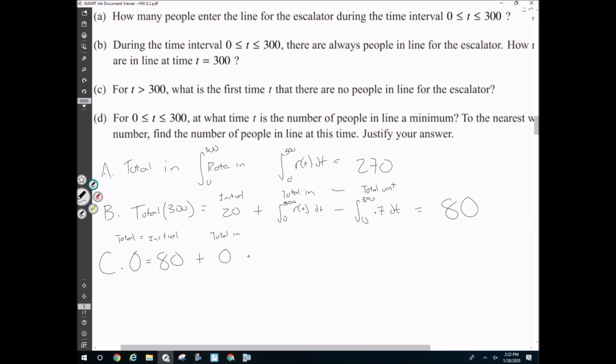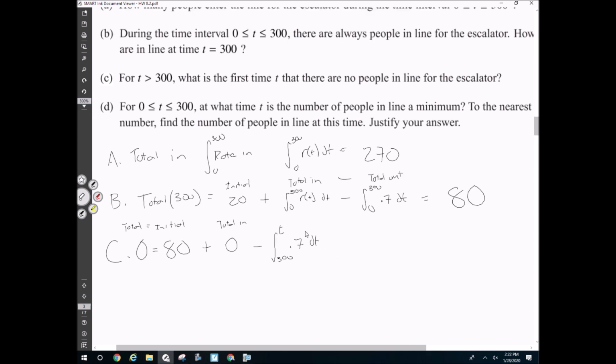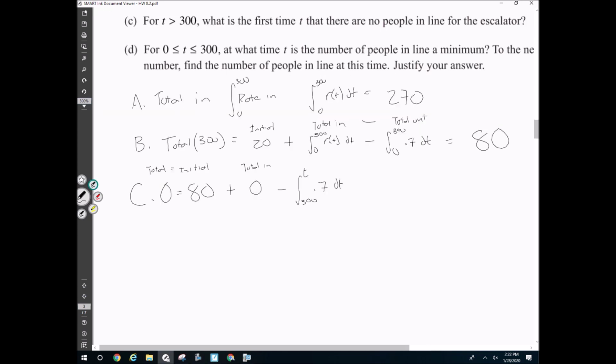And then I'm taking out from 300 to some time 0.7. Now, it's really just this simple equation. 0 equals 80 plus, I mean, you can find just 0.7t and find t, but then add it to 300.